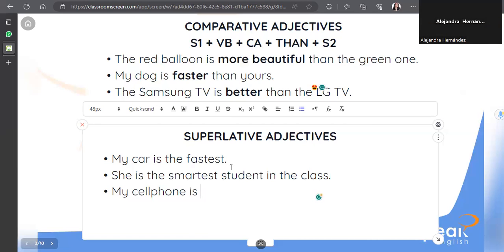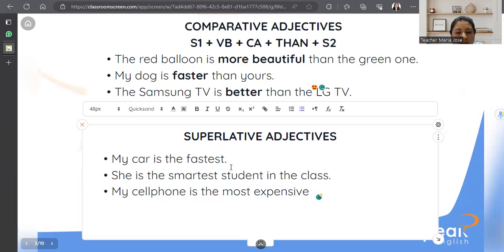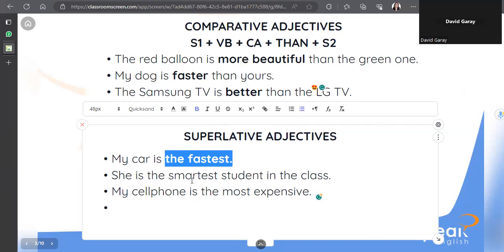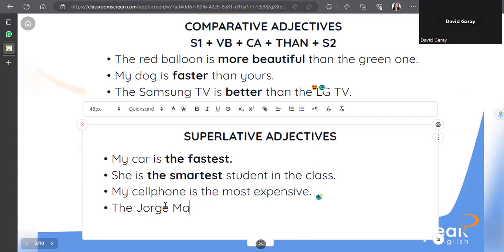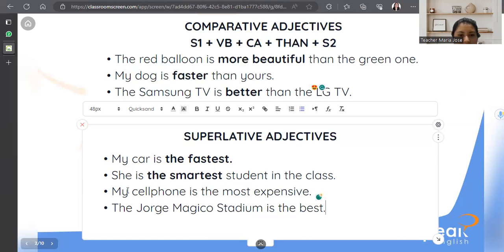The most. The most expensive. And the last one, David? The Jorge Mágico Stadium is the best. Okay, very good.